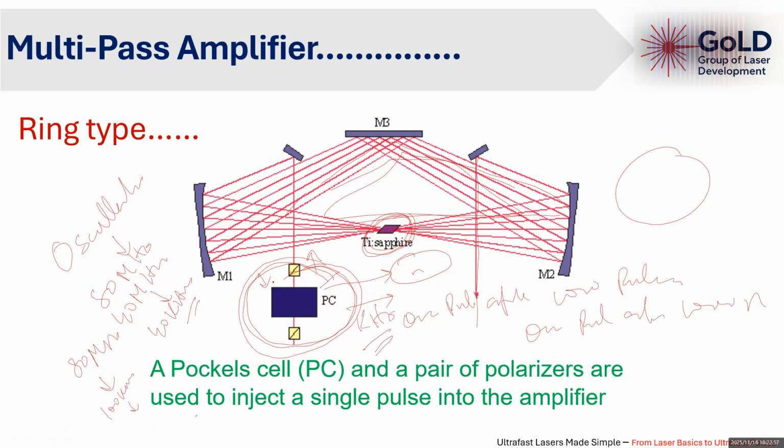Then these selected pulses are amplified, and after amplification the repetition rate is 1 kilohertz, 10 kilohertz, or whatever. It depends on our Pockels cell adjustment, but it cannot be megahertz in this kind of configuration.